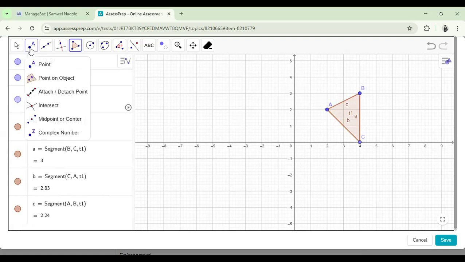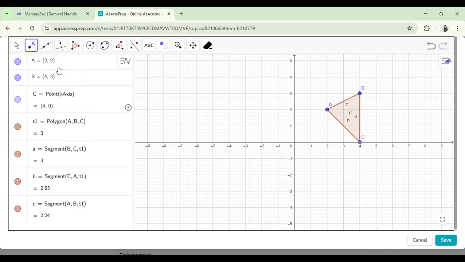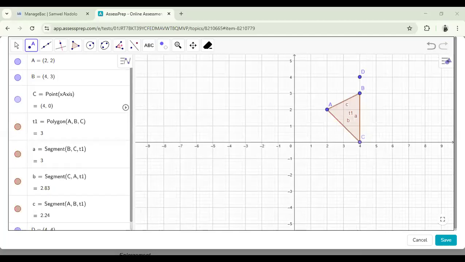All right, let's plot the larger object. The larger object's point A prime is on (4, 4). A prime is on (4, 4). And then B prime is on (10, 7).